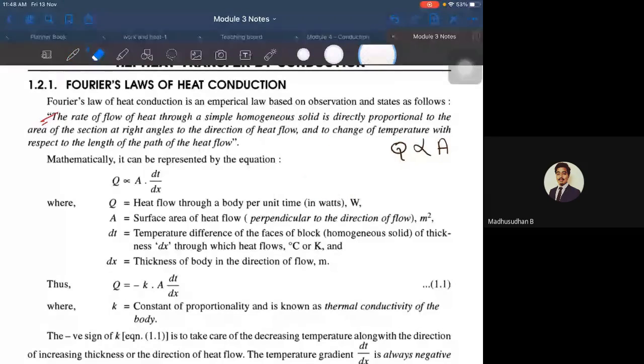Second thing, Q is directly proportional to the change of temperature with respect to its length, that is nothing but the temperature gradient.